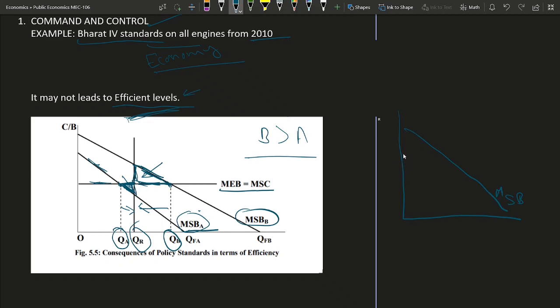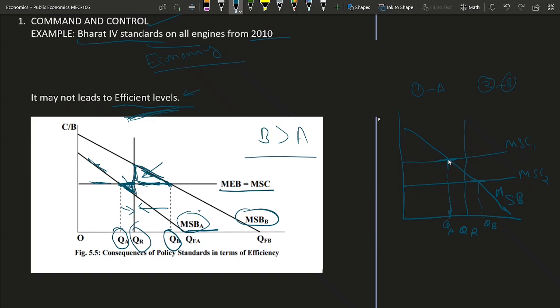if they are in two different locations, one location can be one where the marginal social cost of pollution is very critical because the pollution level is already at a critical level at that place. So producing one more unit will cause more harm to the society. And the other factory could be at a location where the environment is very safe. Producing one extra unit will not bother that much, will not increase the pollution level critically.